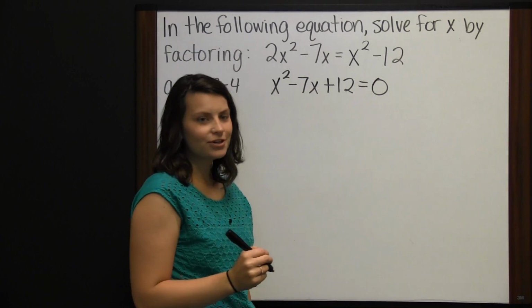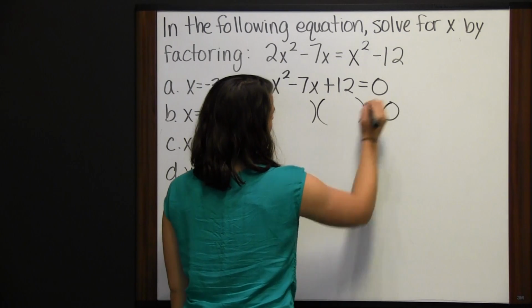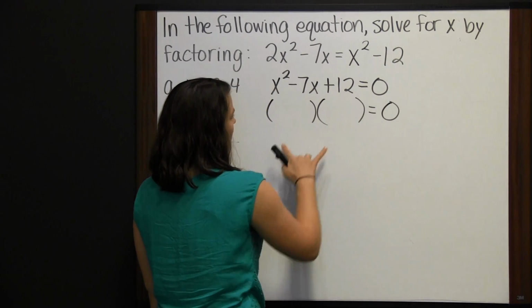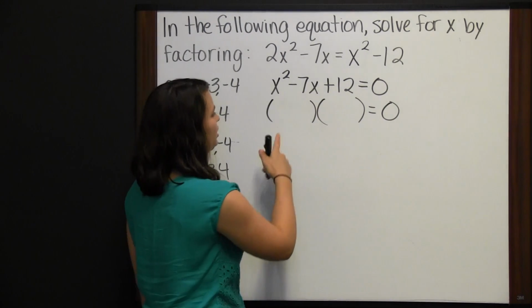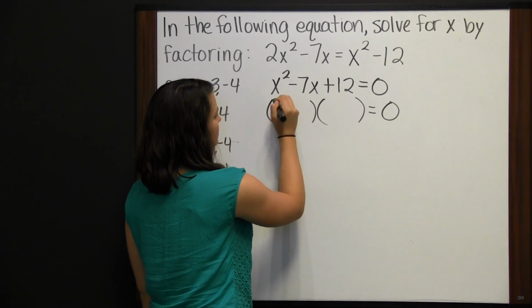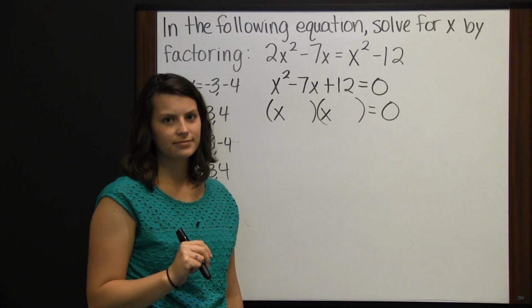Now we're ready to factor. So I have a binomial, and a binomial equals 0. I know my first term in each binomial is x, because x times x gives me x squared.